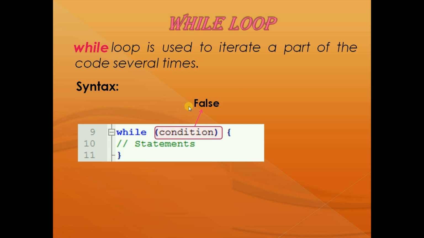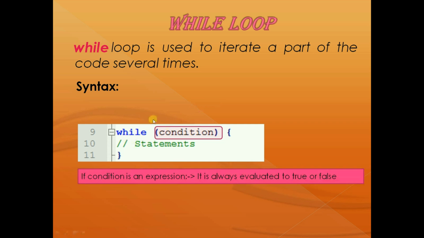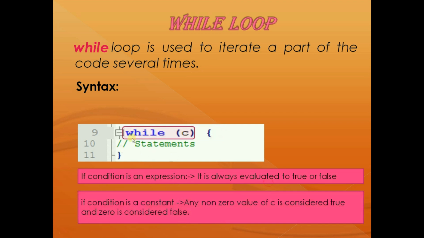So the condition is any expression, and it always evaluates to true or false. If the condition is a constant, for example while, and inside the brackets some constant, for example C, then any non-zero value of C is considered true and 0 is considered false.